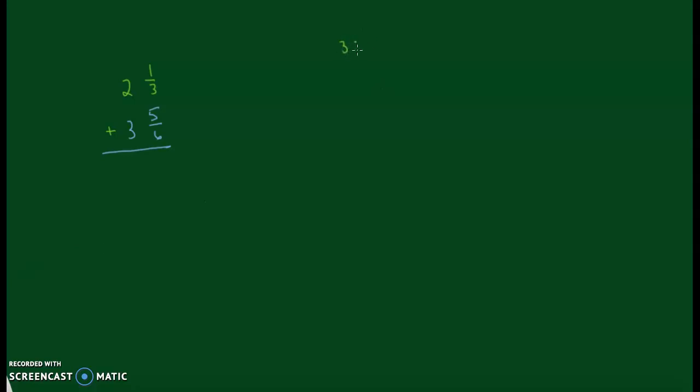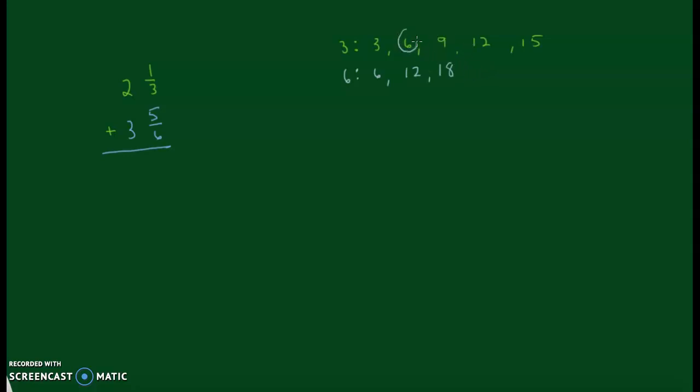So I'm going to find the multiples of 3. 3, 6, 9, 12, 15. I'm going to stop there. My multiples of 6 will be 6, 12, 18. I'm going to stop there.